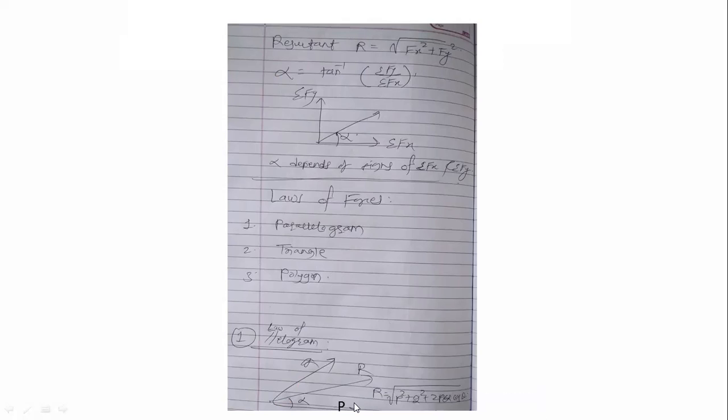The horizontal force is force P. The inclined force is force Q. Then their resultant, which makes an angle alpha with the horizontal, which is along P, can be obtained with the formula R is equal to the square root of P square plus Q square plus 2PQ cos theta. Now what is this theta? Theta is the angle made by Q with P. This angle will be your theta.